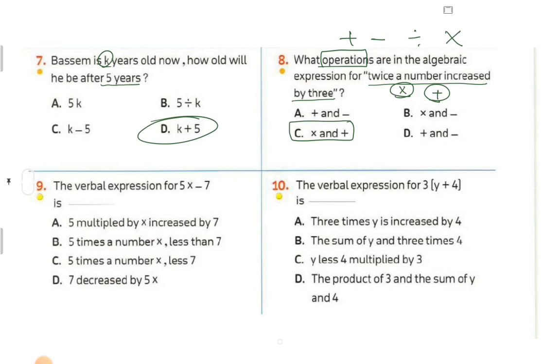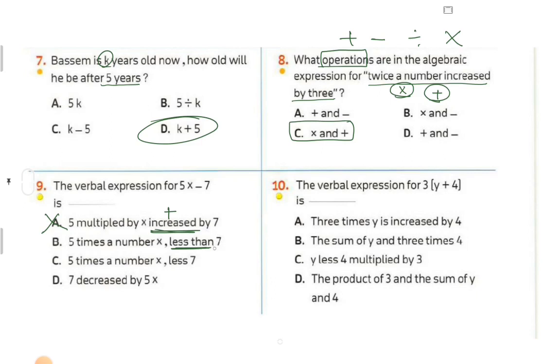Next: the verbal expression of 5x minus 7. 5x, 5 multiplied by x, increased by 7? No, increased means plus, so it's wrong. 5 times a number x, 5x less than 7?